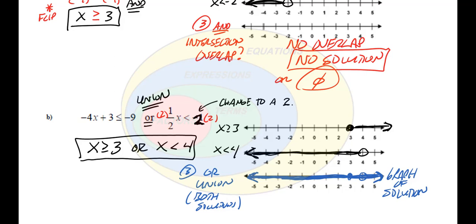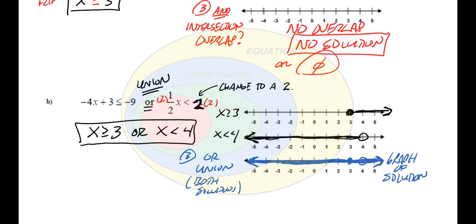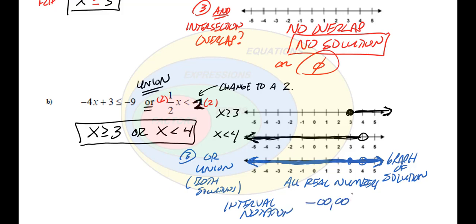So what's our answer to this? Well, when every number is a solution, it's called an identity. We could say all real numbers. That's one way we could say this. Or we could use interval notation, and basically go from -infinity to infinity.